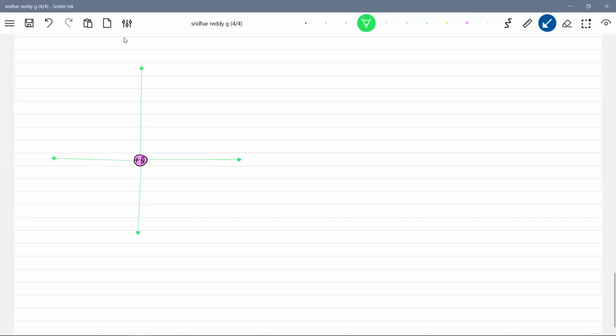Luckily, we have colors, it's a little bit easy for me to explain. Let me assume some lines of force like this. There's a point charge.